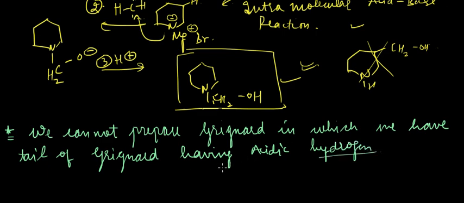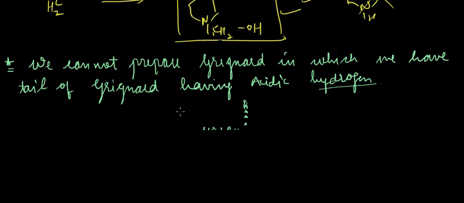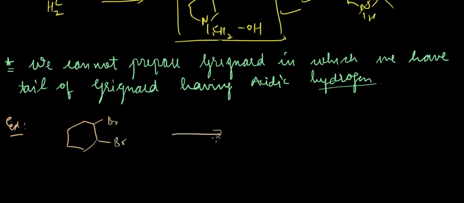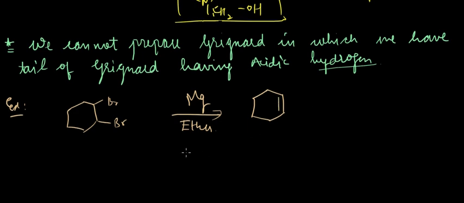Okay, so let us see what happens in this reaction. We have something like this, with Br on adjacent carbon atoms, and we react it with Mg in presence of ether. So we get this as our product. Now how does this happen? In the first step, we get MgBr here and a Br attached here.